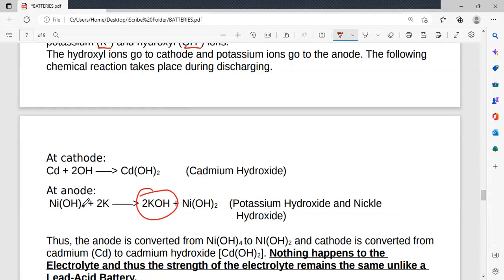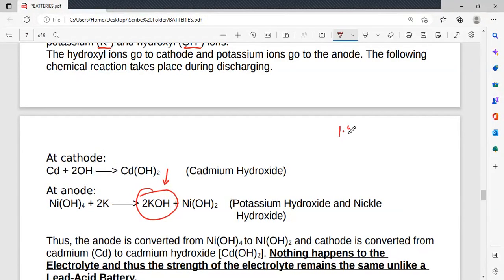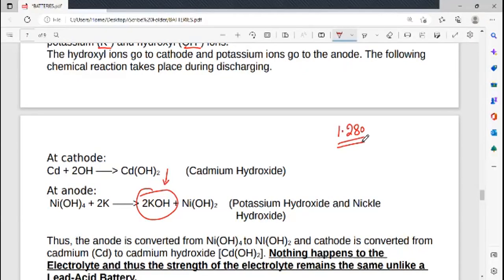So from NiOH4, it's coming to NiOH2. But notice this, during your discharge, KOH is being added. So even during discharge, your specific gravity remains at 1.280.